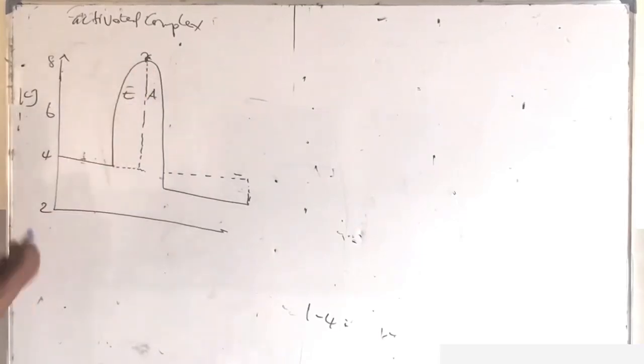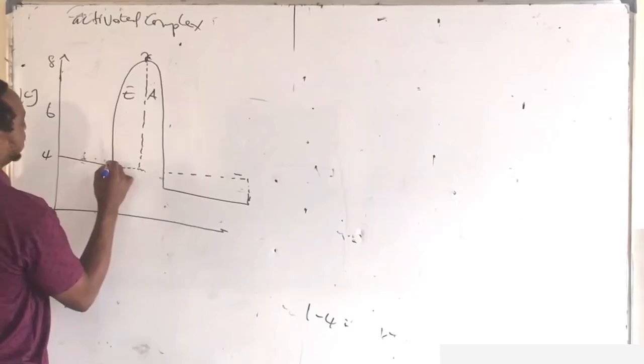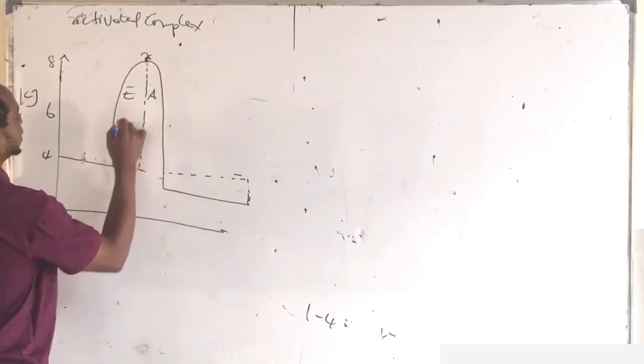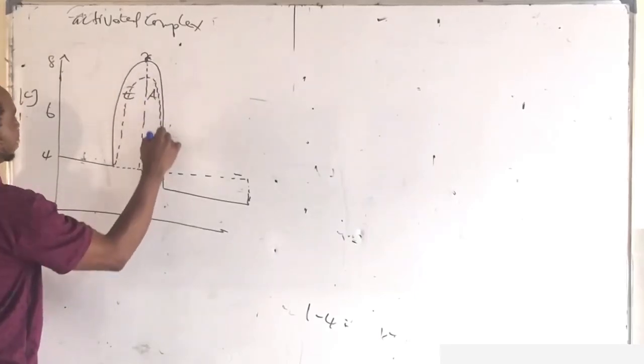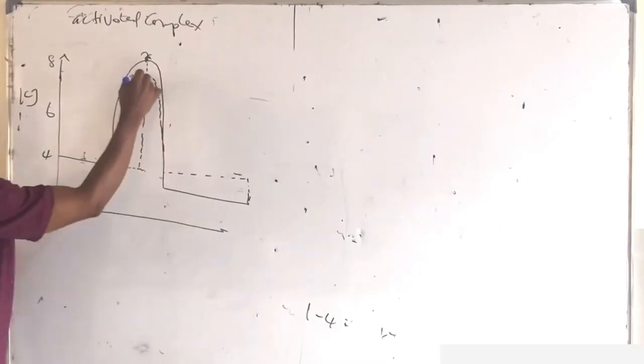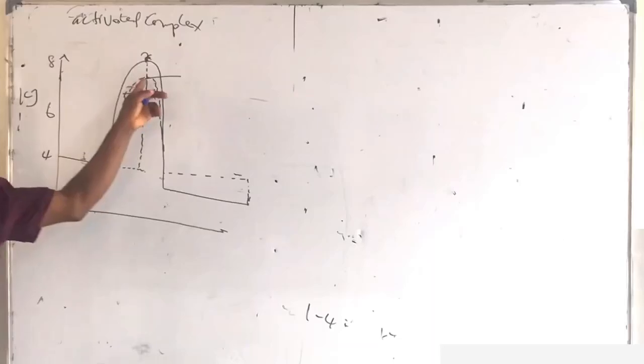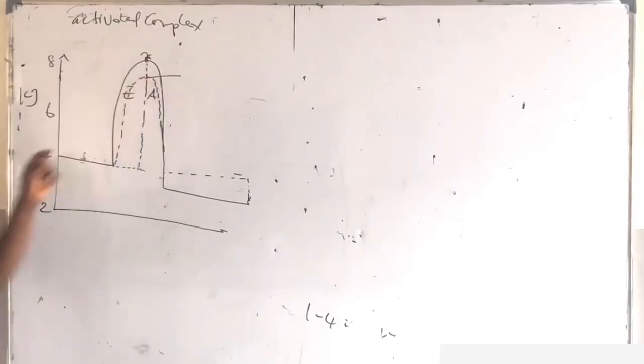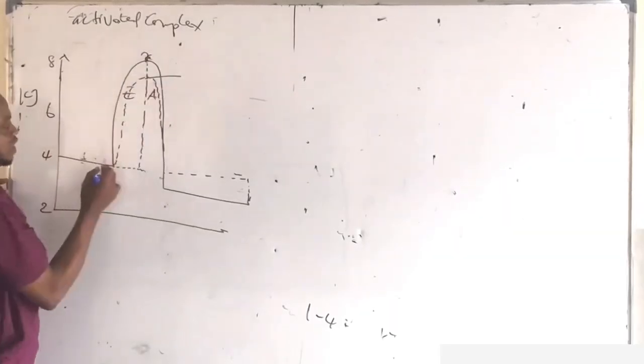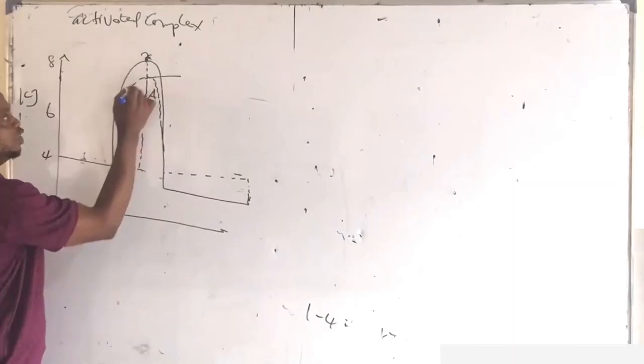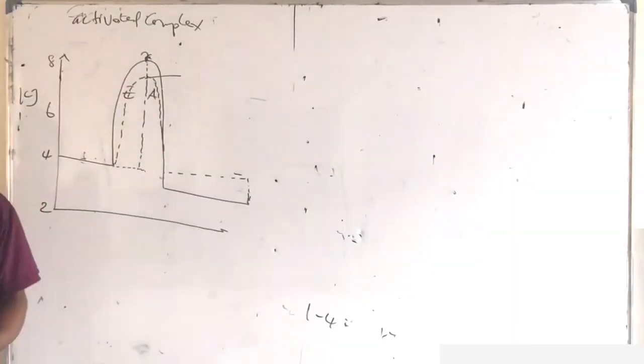Bring it down, and from the same point here, have another one like this. This is the catalyzed path. Catalysts only help to speed up the chemical reaction by lowering the activation energy. So the reaction is faster because, instead of traveling all the way from here to here, it found a shortcut and gives you the answer.